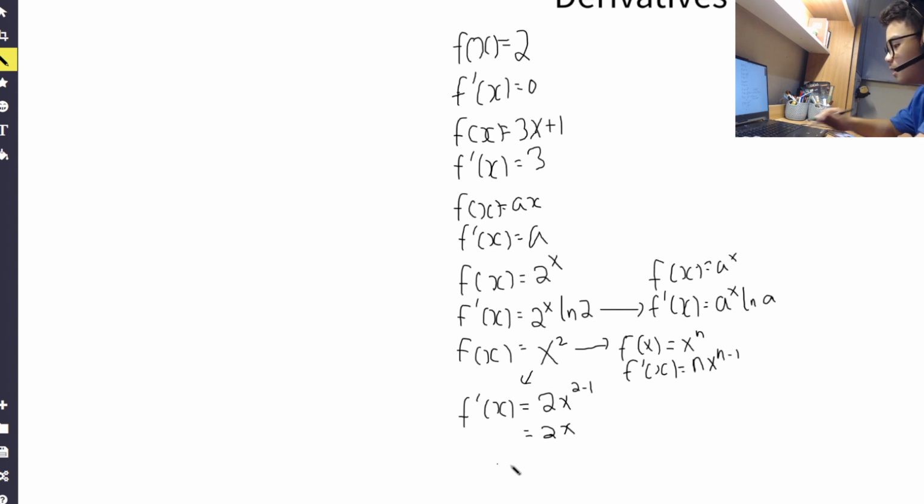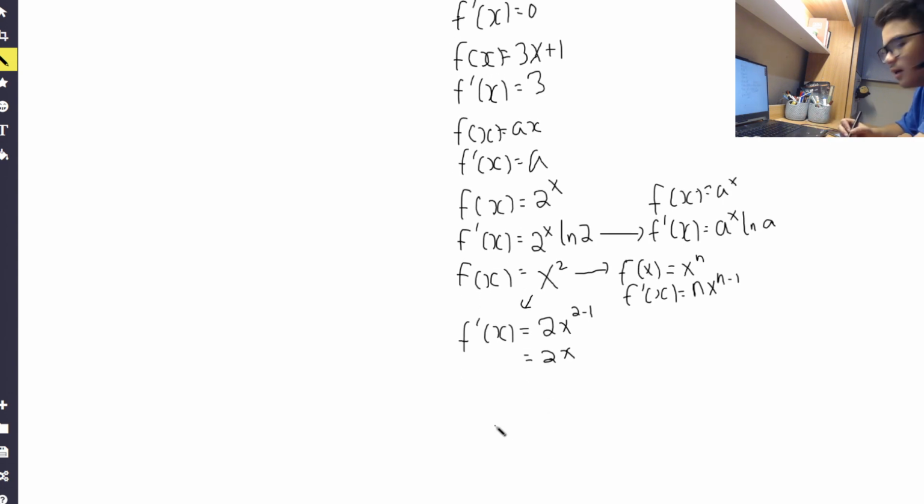Okay, that's for the basics. There are still basic formulas, for example the quotient rule, but I'm going to do the product rule first. For example, f of x times g of x, we're going to find the derivative of that.